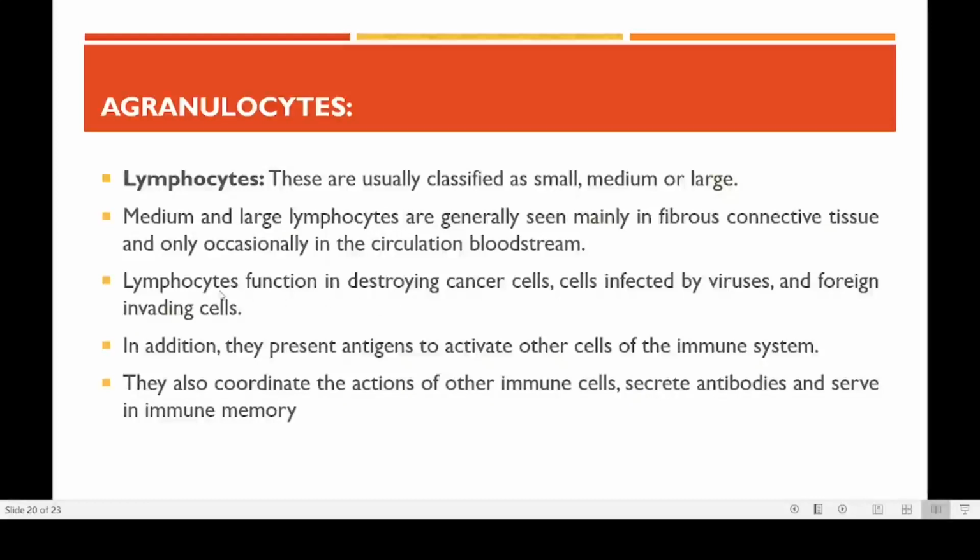The lymphocytes will also be destroying cells affected by viruses. Normally, a virus is a very small particle. They don't have any cytoplasm, or any cellular machinery like mitochondria, Golgi bodies, etc. What most viruses do is enter into the cell and use the resources of the cell to produce several thousand copies of the virus itself.